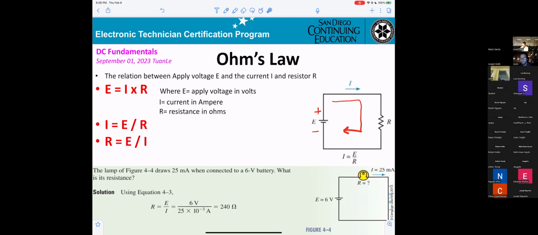However, in this formula, I must be in amperes. They gave you 25 milliamps, so you have to convert it into amperes. You take 25 times 10 to the power minus 3. That's what you get in amperes. After calculation, you get R equal to 240 ohms. Any question, anything, just let me know.